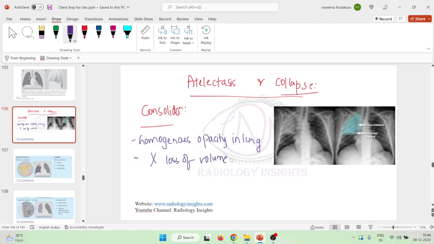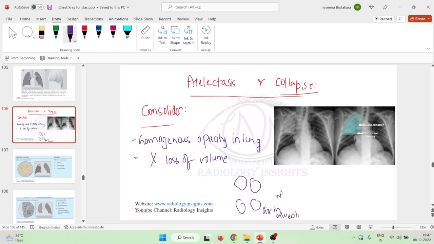And it is only seen in the clinical setting, whenever we suspect that this opacity is mainly due to debris or some fluid, exuded or transuded, replacing the air in the lungs. If you see the alveoli, there is normally air in the alveoli.